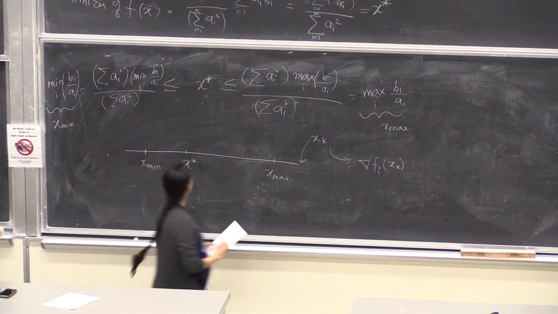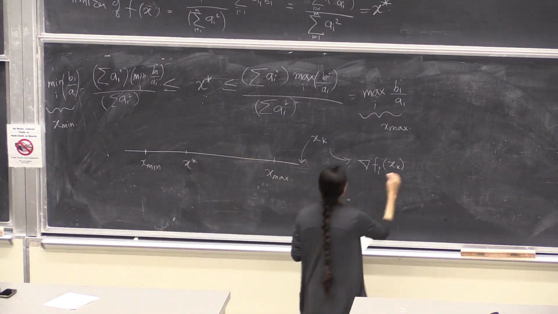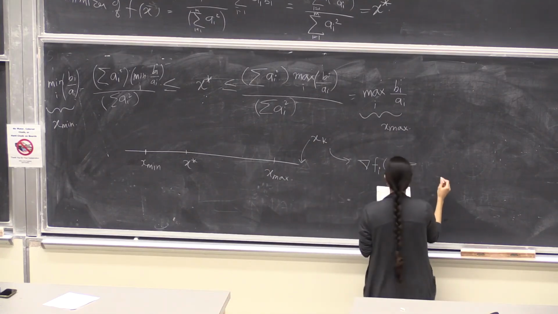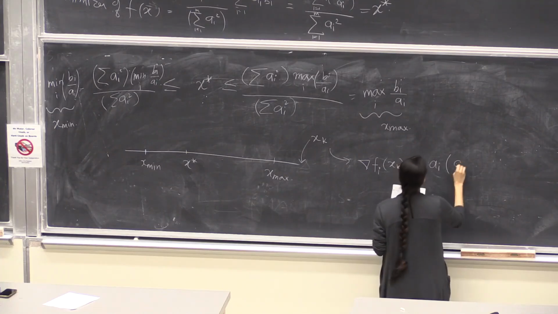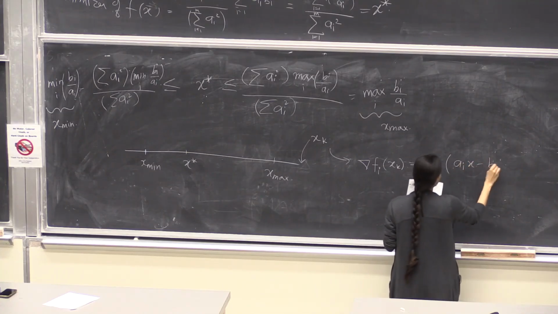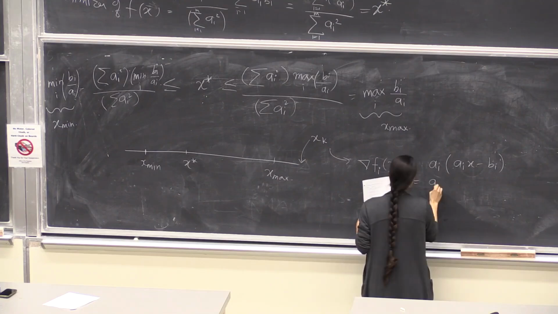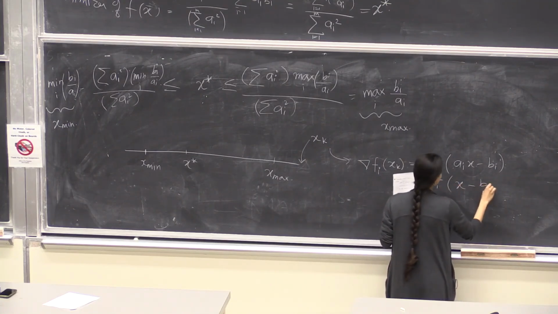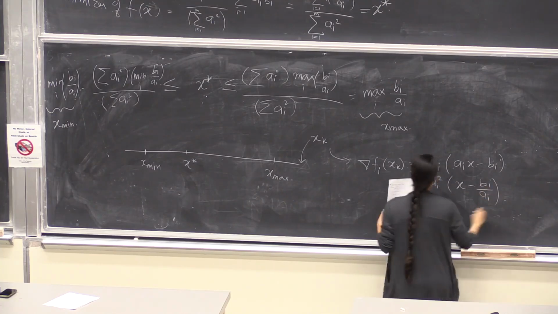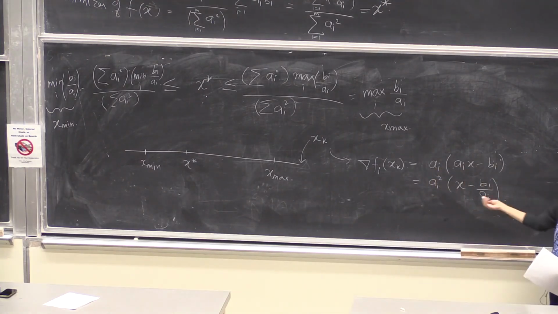Well, the gradient of f_i(x) we already computed. This is equal to a_i times (a_i x minus b_i), which is equal to a_i squared times (x minus b_i over a_i). Right? This is the gradient.